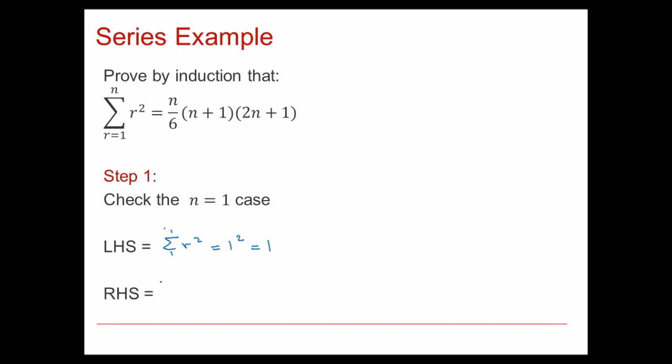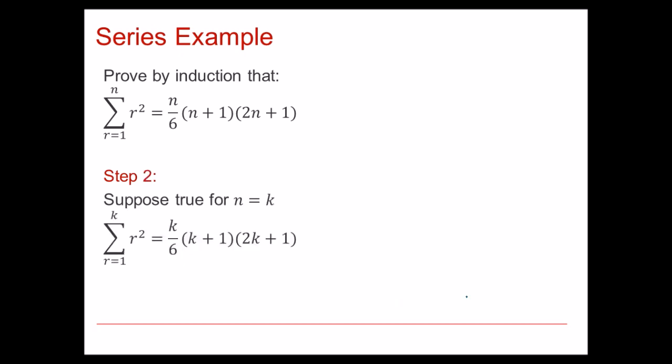The right hand side, when n equals 1, is 1 over 6 times 1 plus 1 times 2 lots of 1 plus 1, which would be 3. So that's 6 over 6, which is clearly 1. So we've got the same result. Therefore, it is true for n equals 1. That's our first step of the process in place.